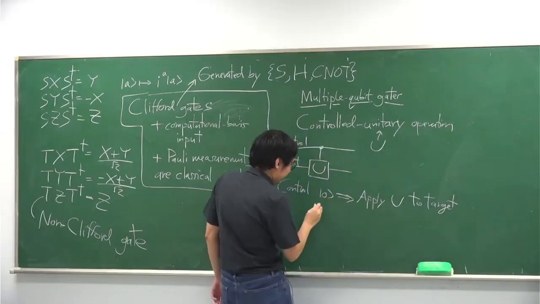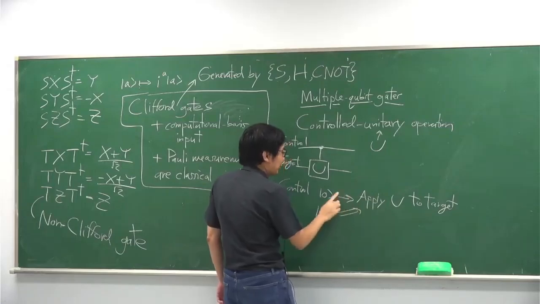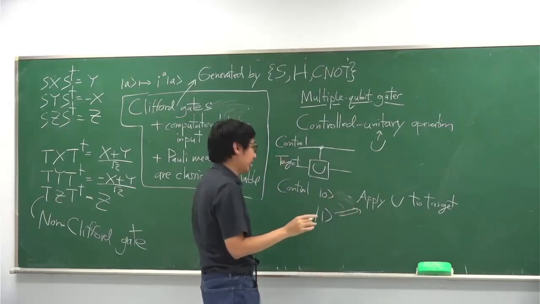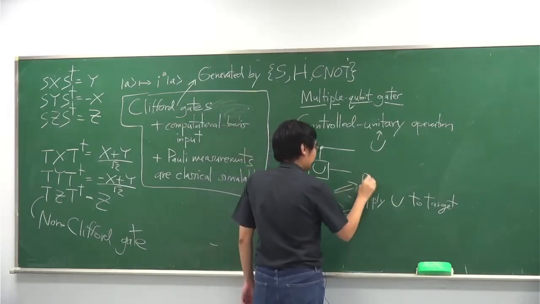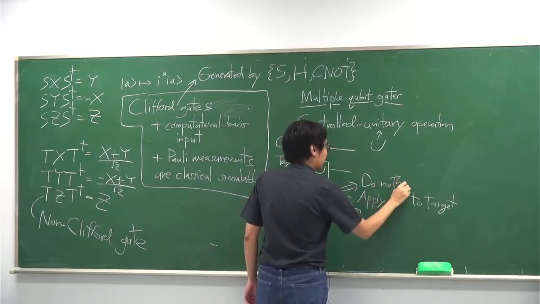Sorry, if the control is 1, then I apply U. If the control is 0, I don't do anything. Do nothing.